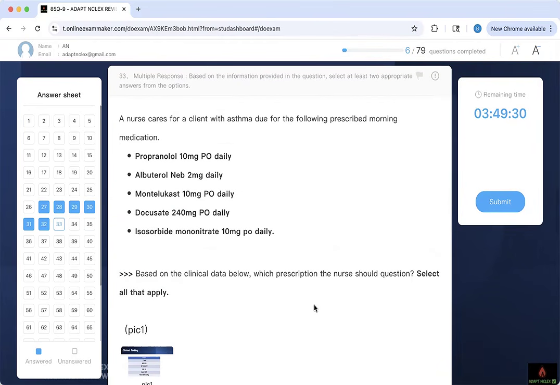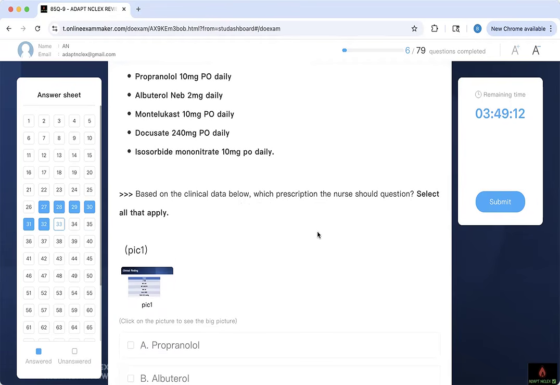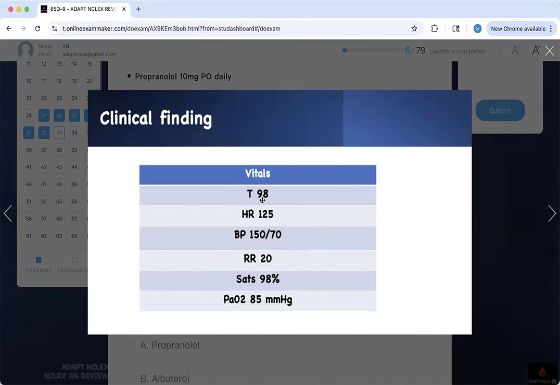Let's care for a client with asthma who is due for the following prescriptions, morning medication: propranolol, albuterol, montelukast, docusate, isosorbide mononitrate. These are all medications that are due. Based on the clinical data, which prescription should the nurse question? Patient temperature is fine.